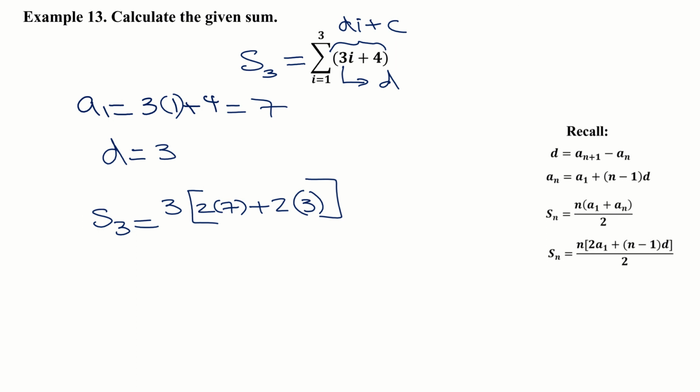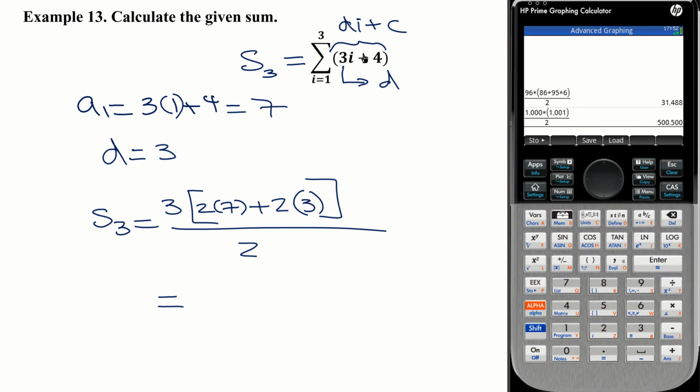And then over 2. Now we just need to compute that. So we have 3 times, that's 14 plus 6, so 20. And then we need to get out of the parentheses, and divide that by 2. So we have 30 for that sum, okay? And that's how you do that one.